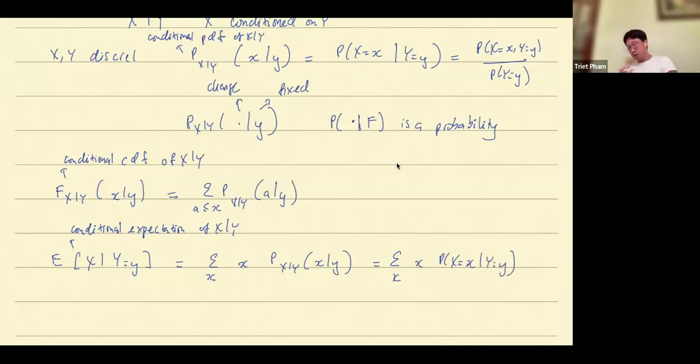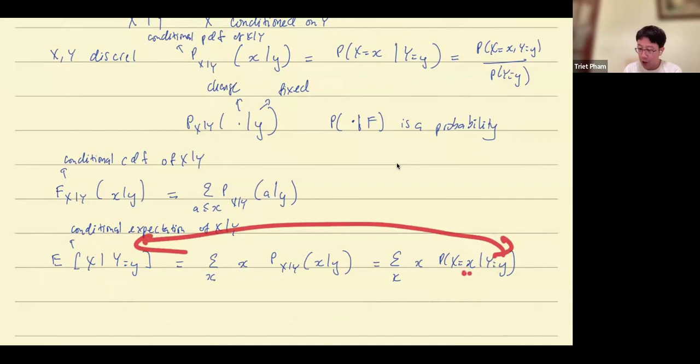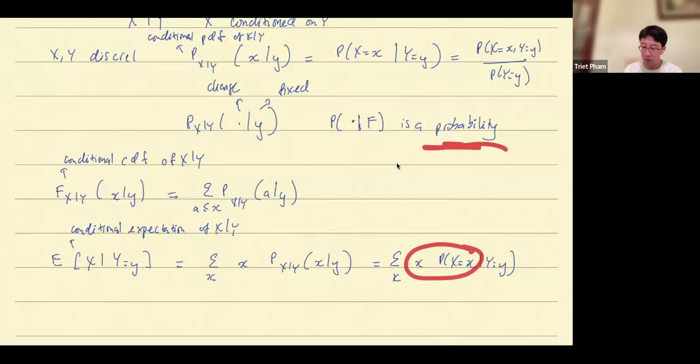So once again, what's the significance here? The significance is if you hide this, then that's just good old expectation. So the formula is deceptively simple, but trust me, it's not, in application. Again, it has that flavor of fixing the value of y and letting x change, and we're in business as if this is a regular random variable.